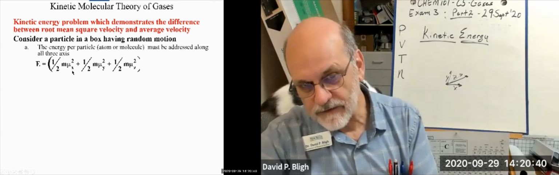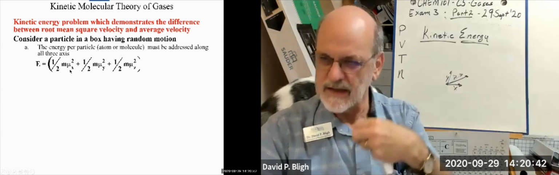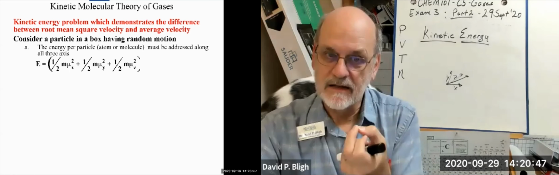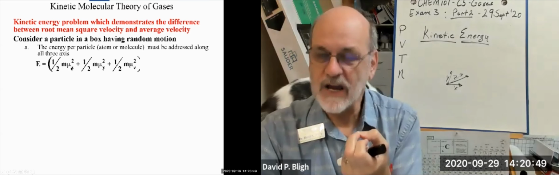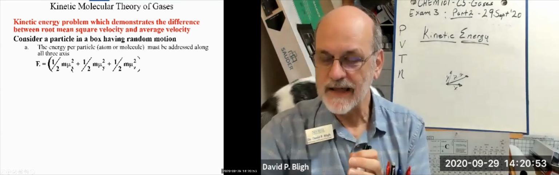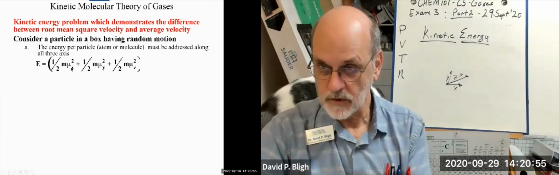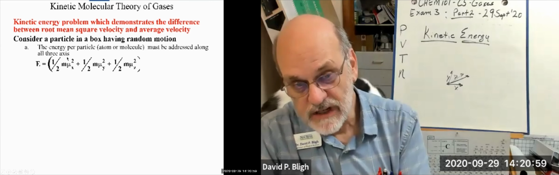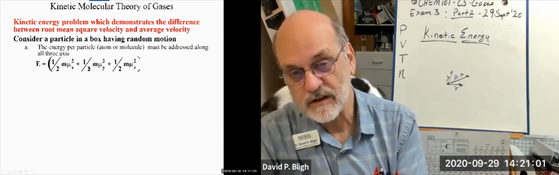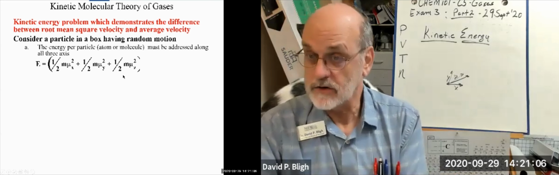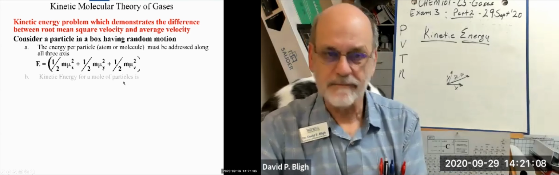So this 1/2 mu squared, and mu is the part of v for that particular direction. That's why we use a different symbol. Mu is the small letter mu from the Greek alphabet. So that's the energy in the x direction, in the y direction, and in the z direction. You add them all up, and you get the total energy, right? Okay.